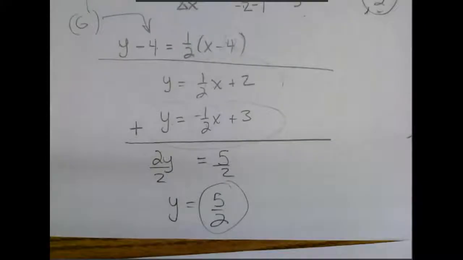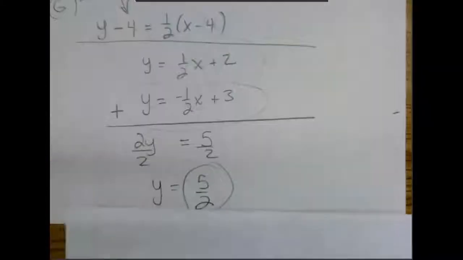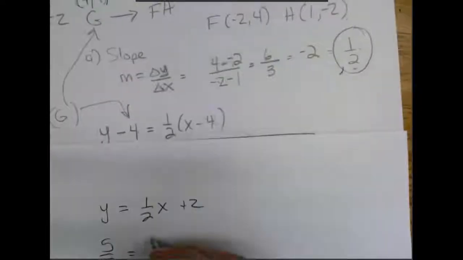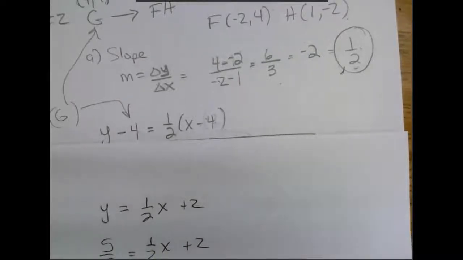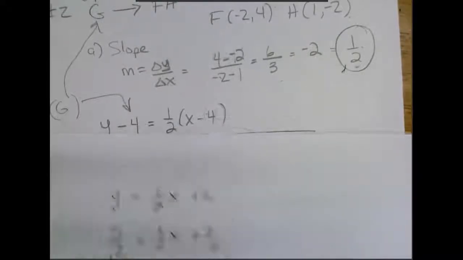So then if I have y equals 5/2, I just then go back to my equations I have. So y, I'm going to write these down really quick. So y equals 1/2 x plus 2. So then if I take my 5/2 and plug it into this one, 5 over 2 equals 1/2 x plus 2. So then I'm going to move minus 2 over here. And so 5/2 minus 2, which is going to be 4 over 2.